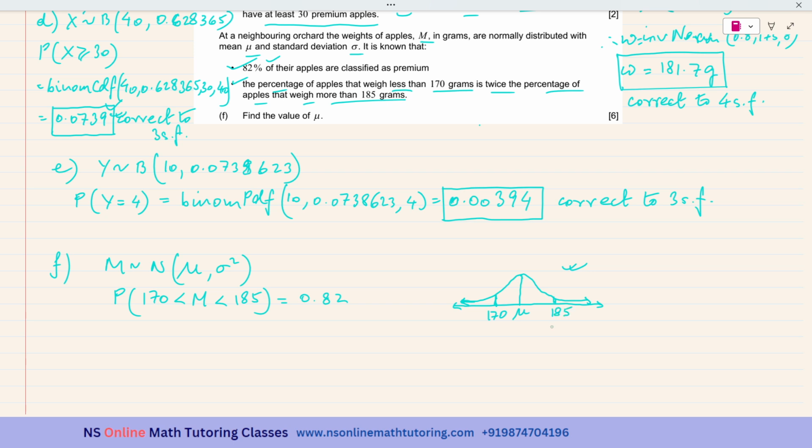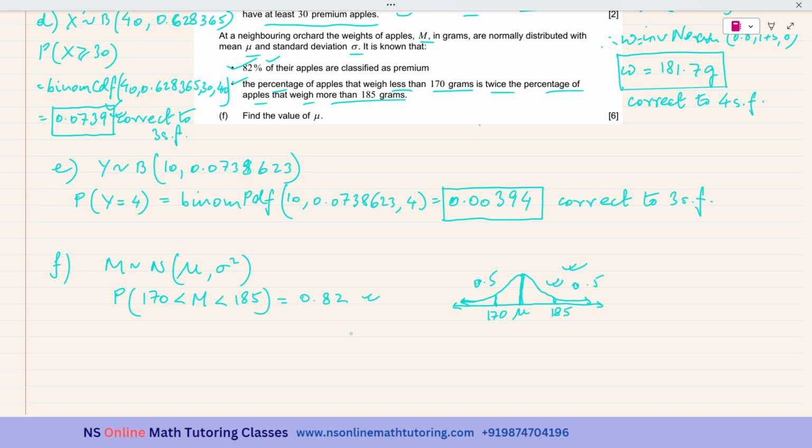Now you may be asking me why have you taken 170 less than mu and 185 more than mu? Because we do not know the value of the mean. I have taken this way because the probability between 170 and 185 is 0.82, and we know the probability of the entire right hand side, right of the mean, is 0.5, and the left side is also 0.5.